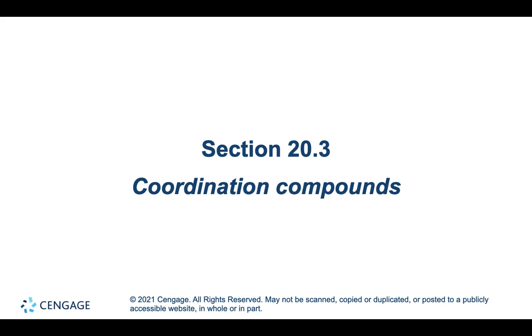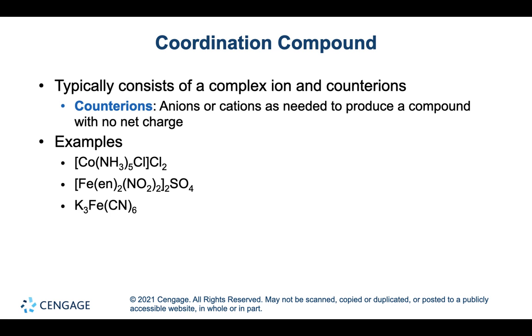These form coordination compounds. We have our center ion, and then the molecules or ions that attach to that center ion are called ligands. You also have counter ions, which are the anions or cations needed to balance out the charge so there's no overall charge.